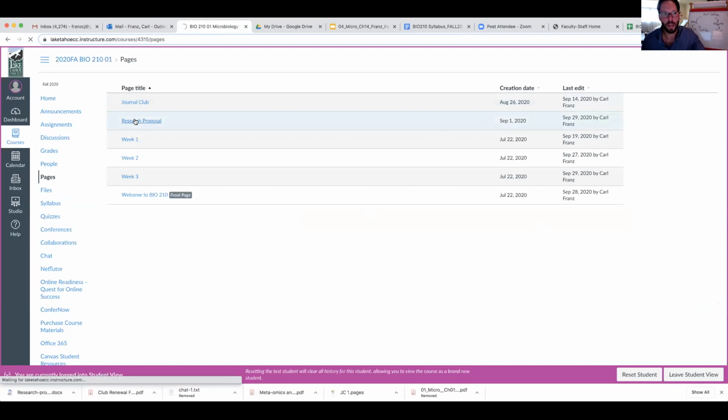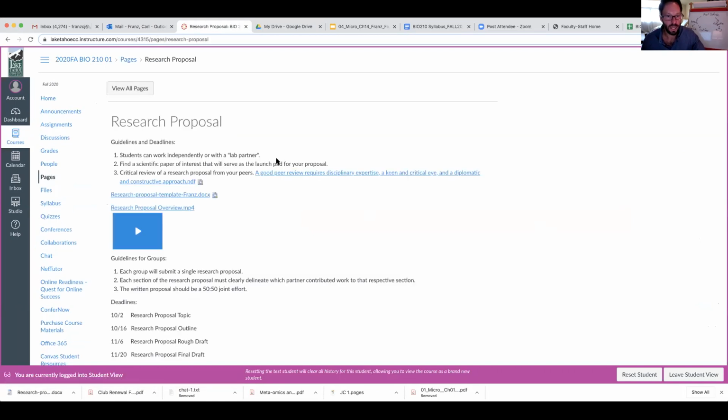Okay. And it has the guidelines. Remember, you can work with a partner, one other person jointly, and turn in one proposal. So if you want to do that, pick someone quickly. Here's the template that you'll use, and it's the same one from Chem 103. And here's the overview. Here's the video that I did. And then deadlines for certain things that are due.